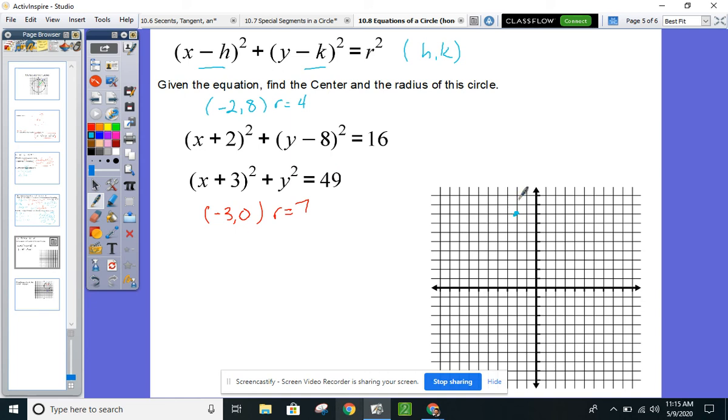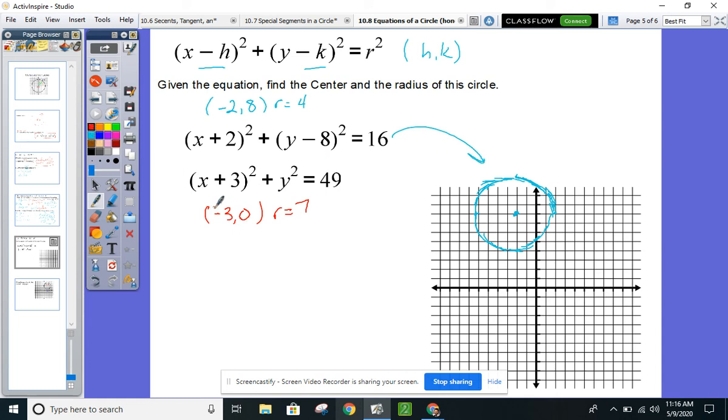You go 4 up, 1, 2, 3, 4, roughly about right there. 4 down, 1, 2, 3, 4. 4 to the side, 1, 2, 3, 4. 4 to the other side, 1, 2, 3, 4. And then just do your best to connect those dots and make a circle. It's a full circle. That's one circle, that's this one.